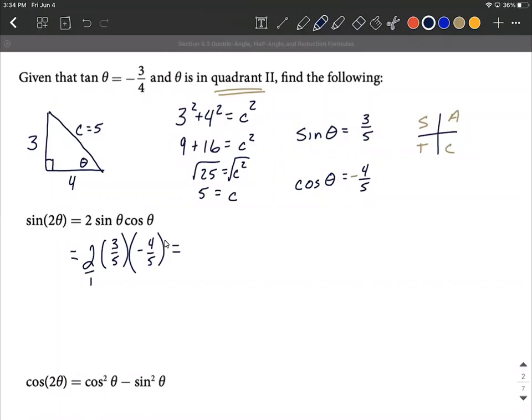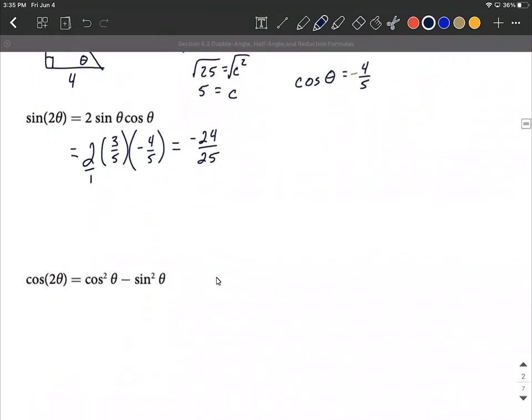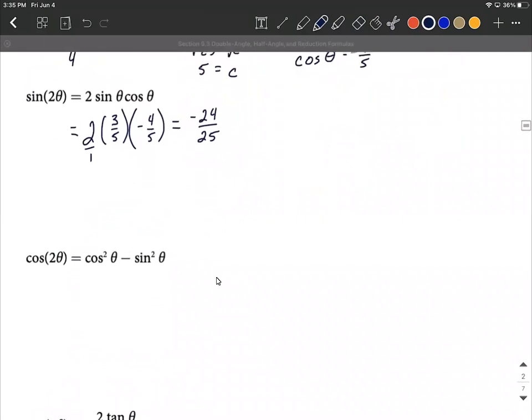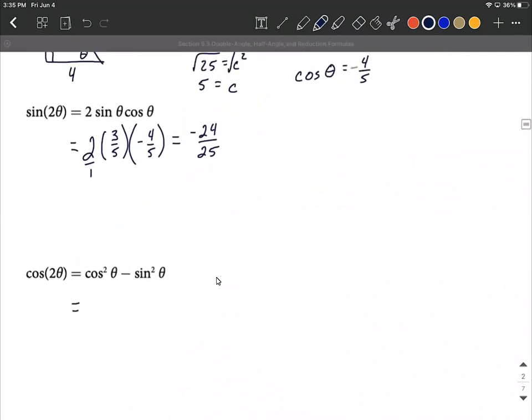So we have 3 fractions multiplied together. We multiply all of our numerators together, giving negative 24, and multiply our denominators together, giving 25. So negative 24/25.